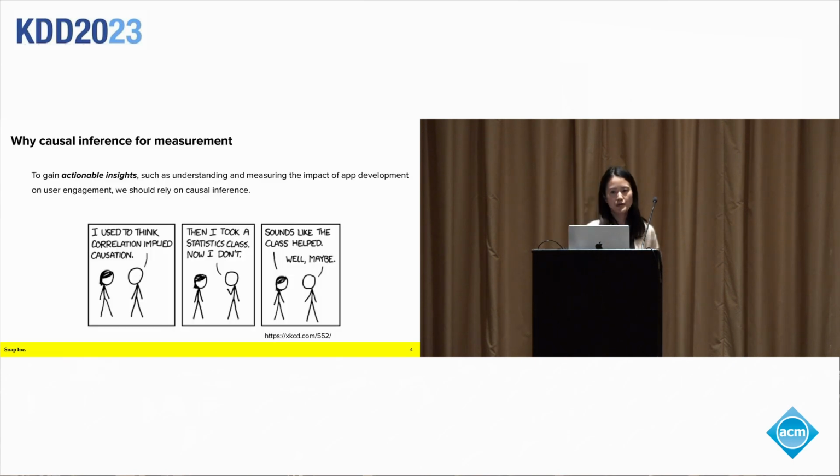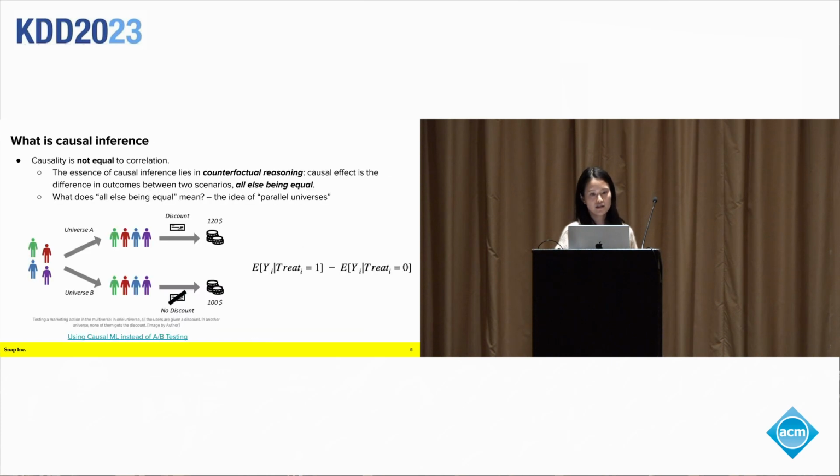So why do we work on this area, and why causal inference for measurement? This is because in order to gain actionable insights, such as understanding and measuring the impact of app development on user engagement, we should rely on causal inference. And we all know that correlation does not imply causation.